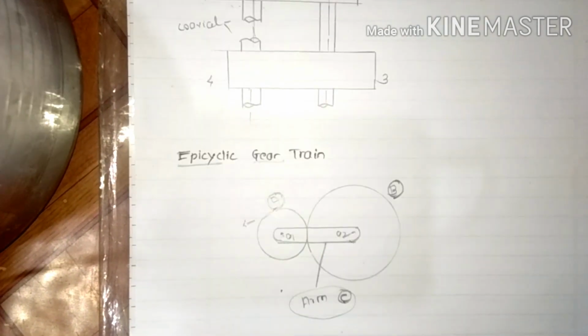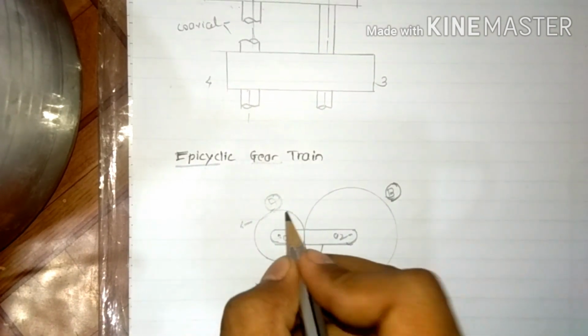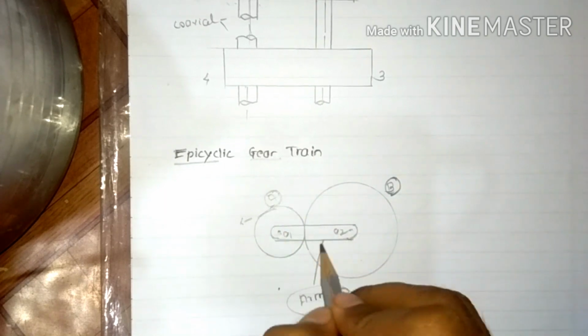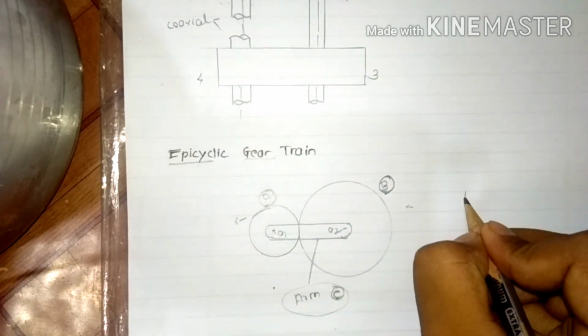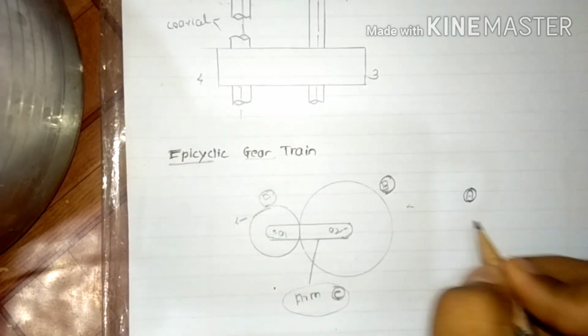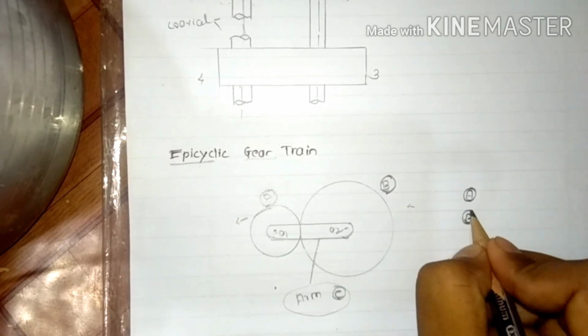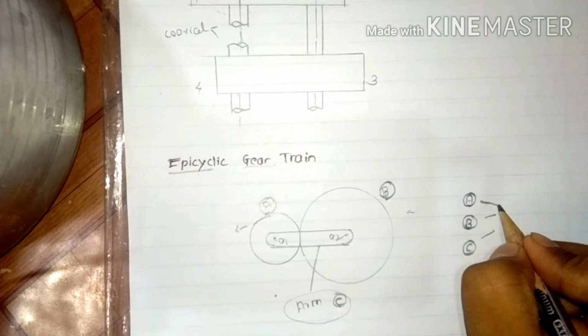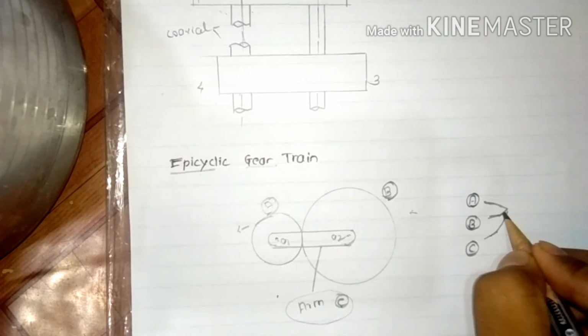So in this type of gear train we have to fix any one element from these three elements, meaning gear A, gear B, or arm C. We have to fix one of these elements in order to transmit the motion.